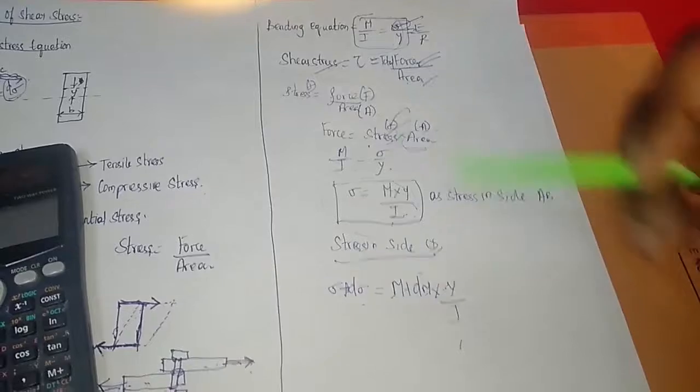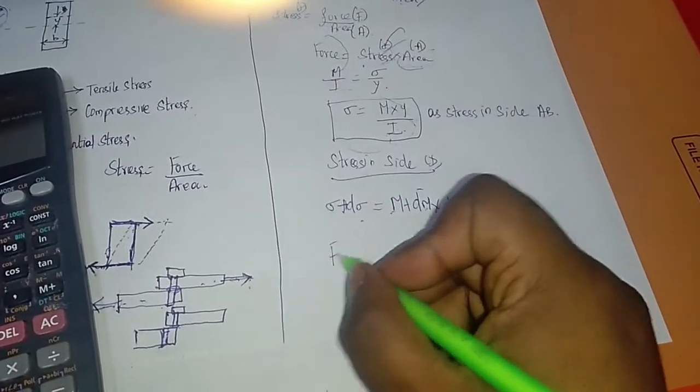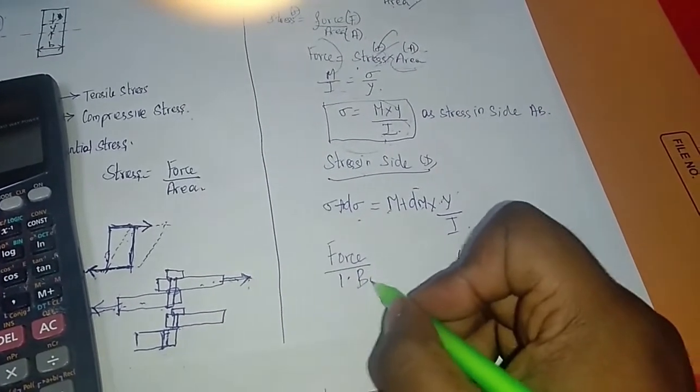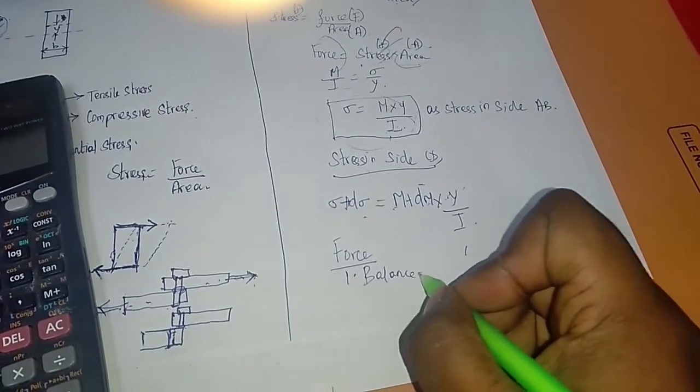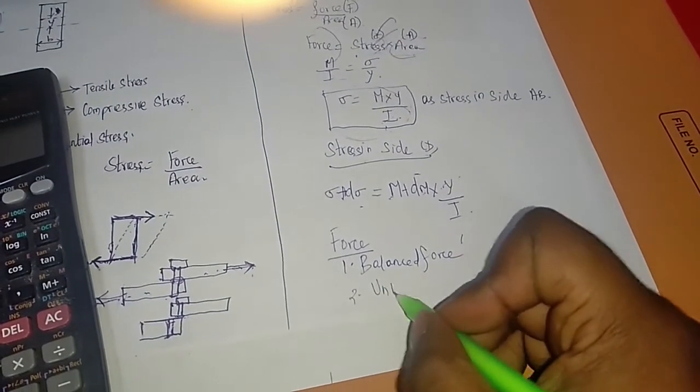There are two types of forces. We are going to find this force. There are two types of forces that you have studied in your physics, right? One is balanced force and another one is unbalanced force.